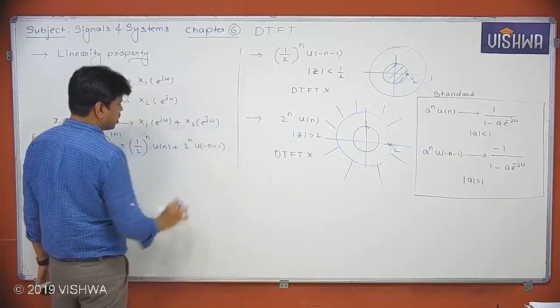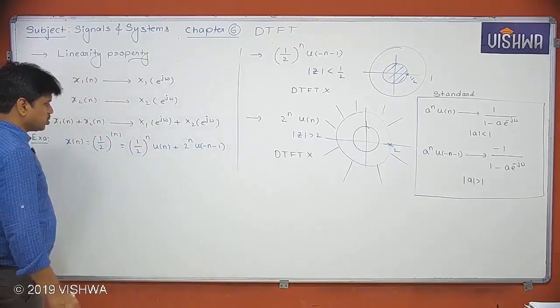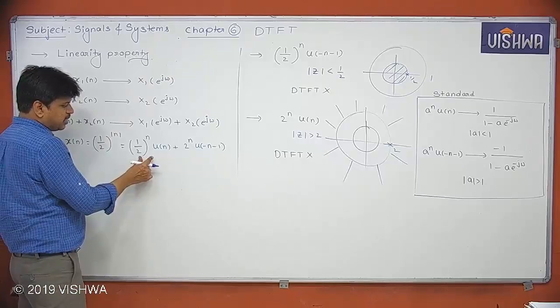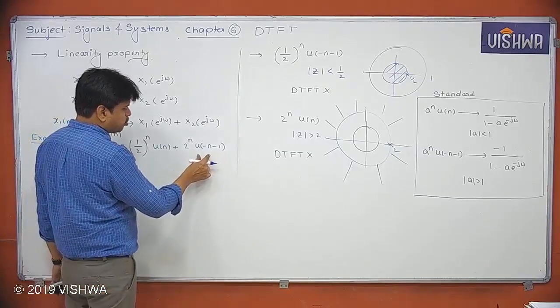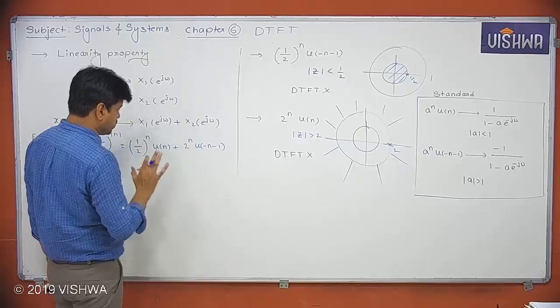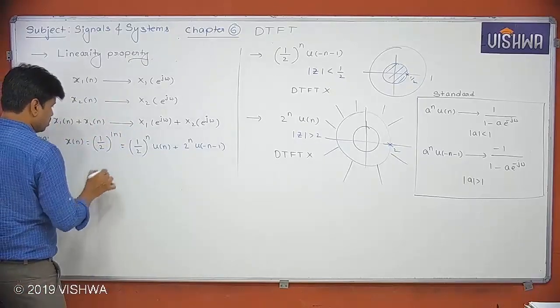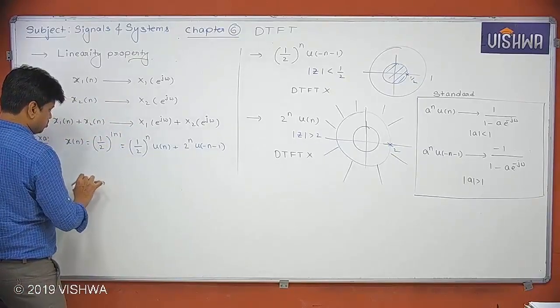We have seen how to write this function. If you observe carefully, it is a right-sided decaying exponential, so bounded. It is a left-sided growing exponential, so it is also bounded. So DTFT exists.